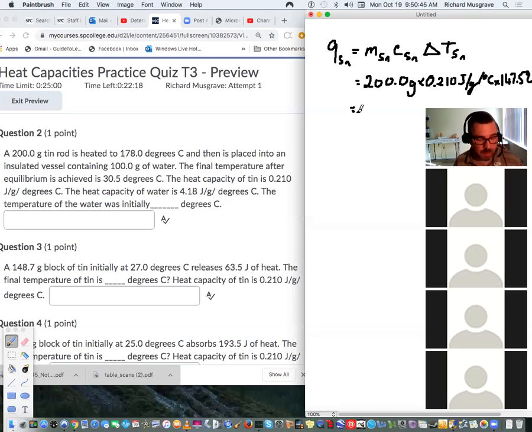So that tells us the amount of heat that must have been released or absorbed. So what did the tin do? Did it release heat or absorb heat? Does anybody know? It's not a trick question.